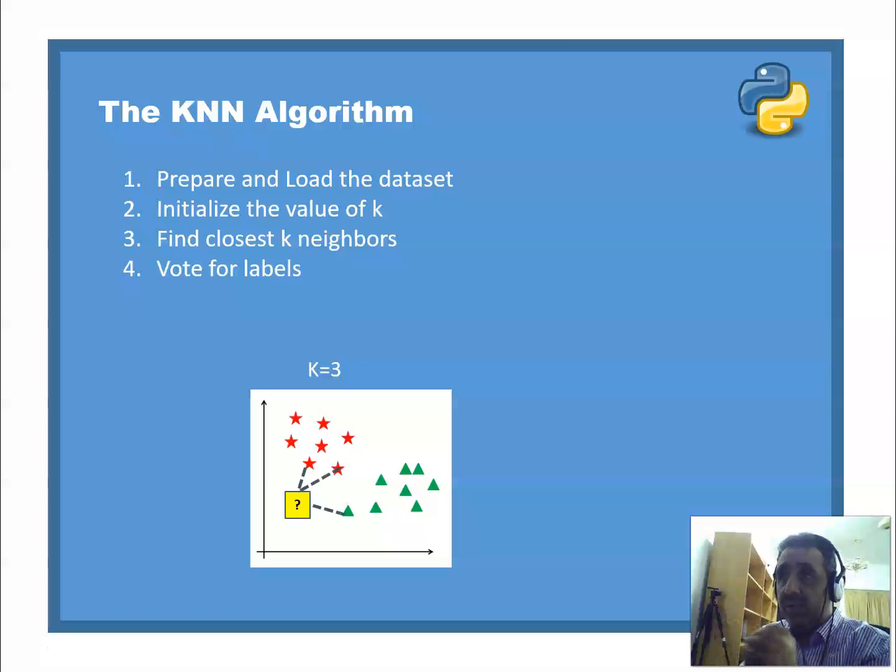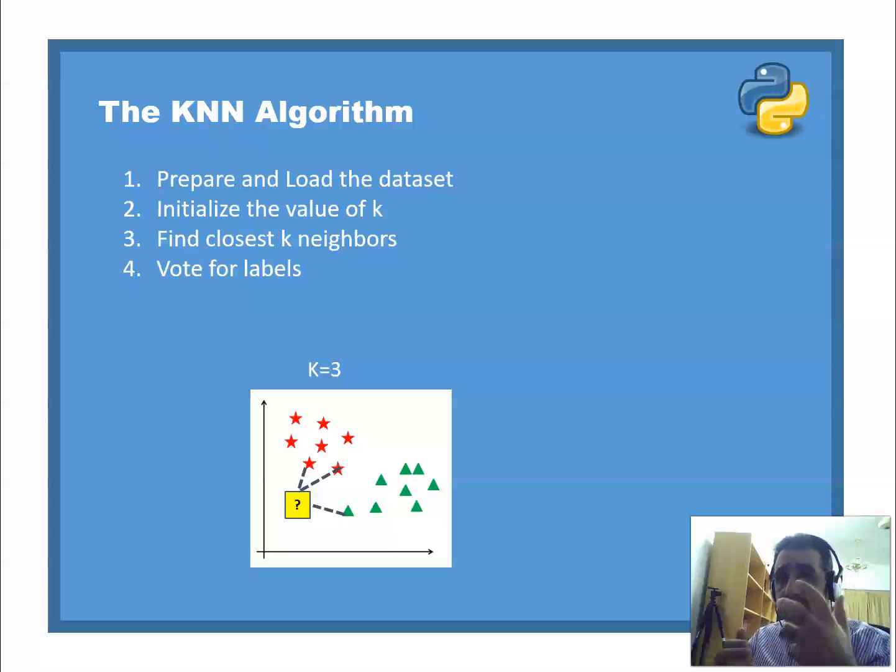First, you need to find the k closest points to P1 and then classify the point by majority vote of its k neighbors. Each object votes for its class, and the class with the most votes is taken as the prediction. Here we can see that the k, or the 3 nearest neighbors, are 2 stars and 1 triangle.